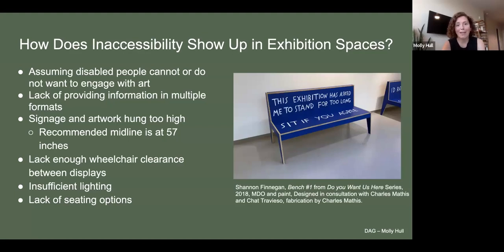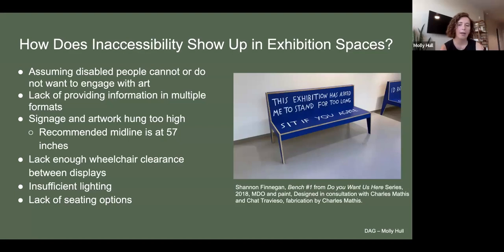So it's important to light your work and even the labels that are associated with those works. And then lastly, the lack of seating options. So we all love an aesthetically pleasing exhibition space, but we got to put chairs in it. We got to put seating in it. And there are a number of options, such as benches, but there's also chairs with and without backs. And also armrests are a thing to consider as well.